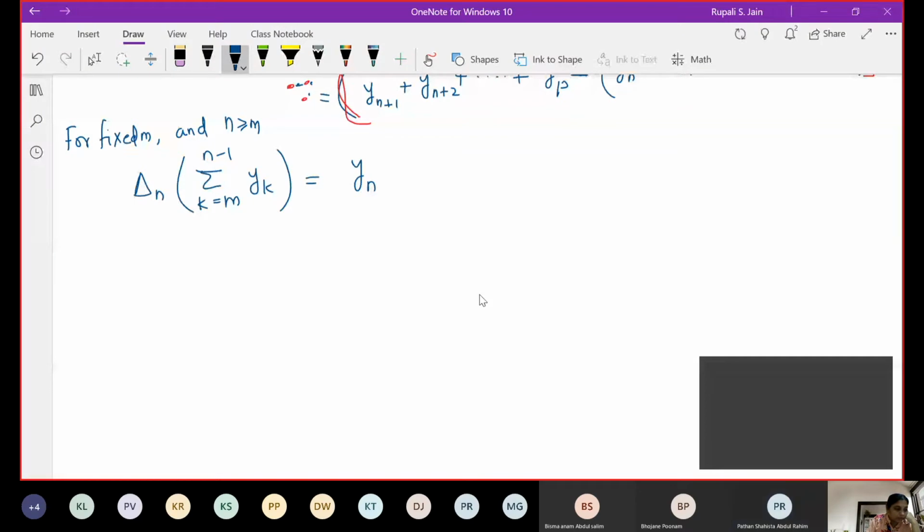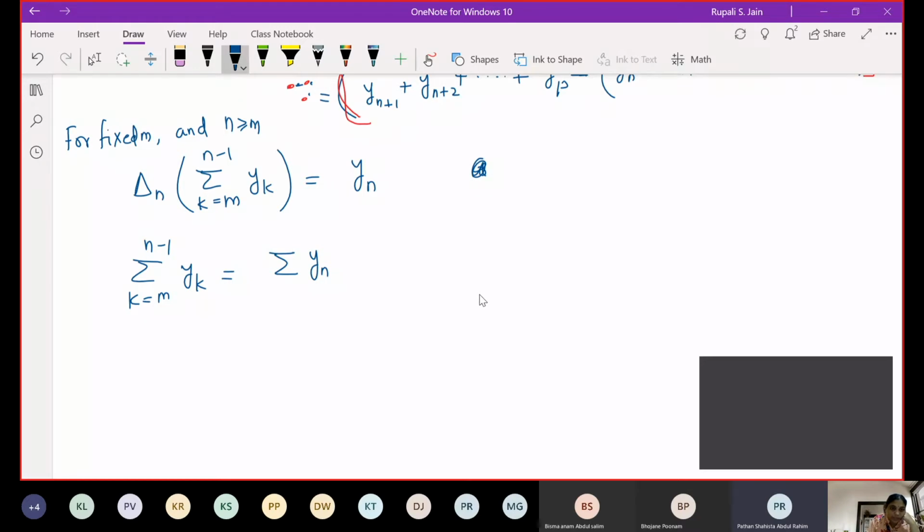The summation k is equal to m to n minus 1 of yk is nothing but the indefinite sum of yn.